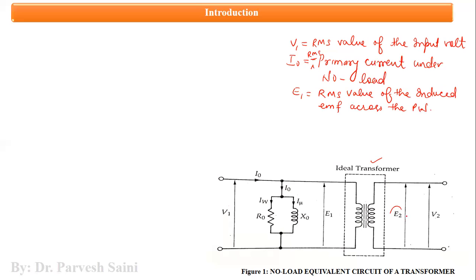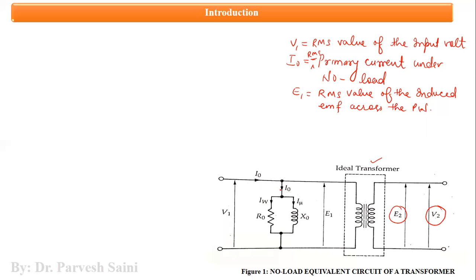This E2 is the RMS value of the EMF induced across the secondary winding, and this V2 is the RMS value of the voltage across the open secondary terminals.